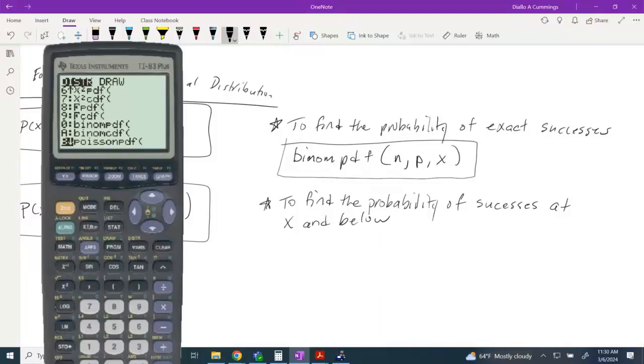So remember that X is the number of successes. So if you want like the probability of less than 4 successes, right, you want to use the binomial PDF. I mean the binomial CDF, excuse me.